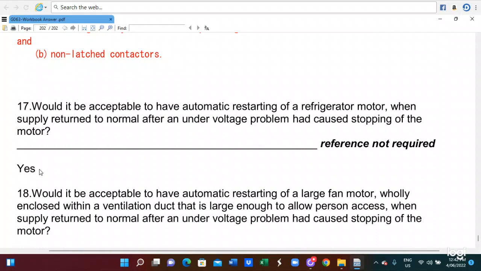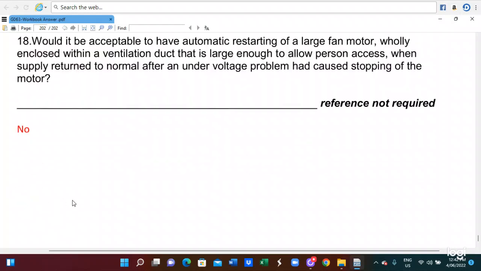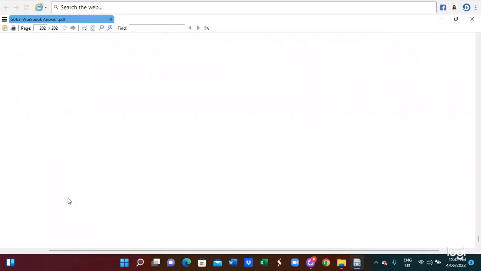Yes, the answer is yes. And would it be acceptable to use automatic restarting of a large motor wholly enclosed within a ventilation duct, where there is not enough space to allow passing access, when the supply returns to normal after the undervoltage has caused the stopping of the motor? The answer is no. So this is the ASR G063 protection question and answer.